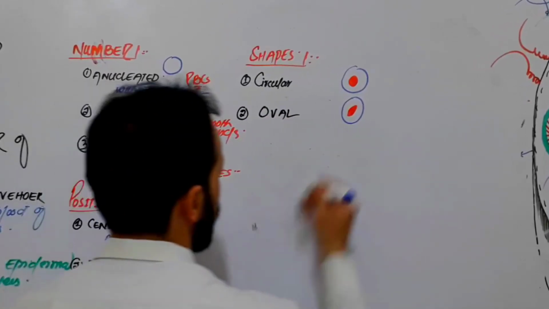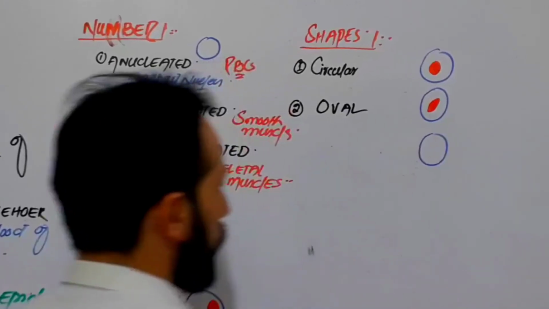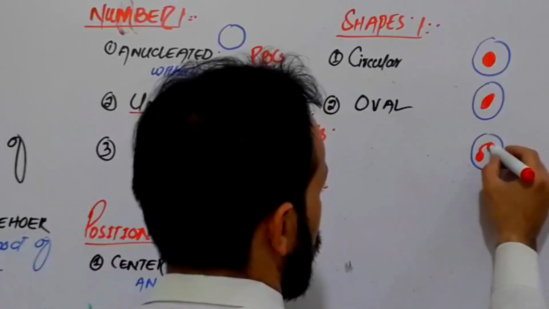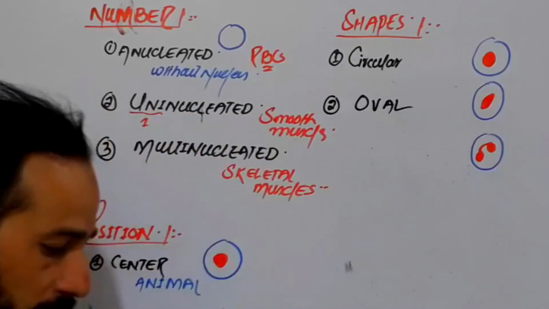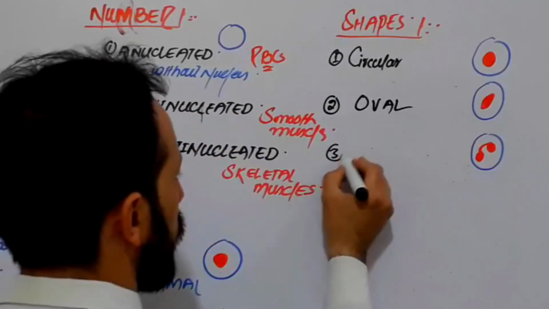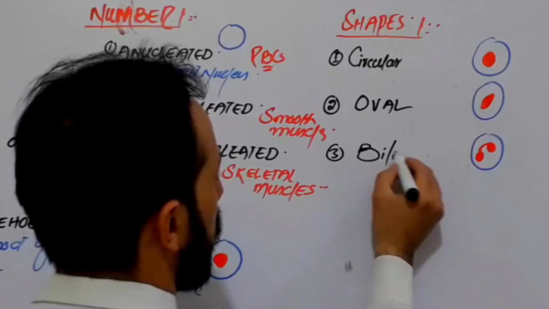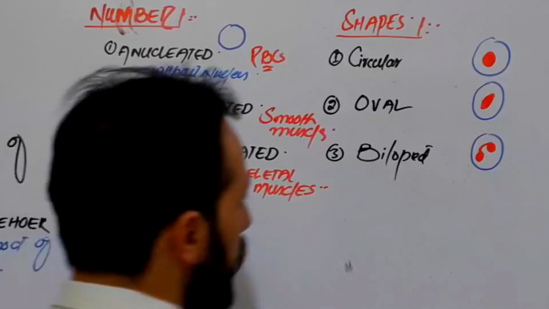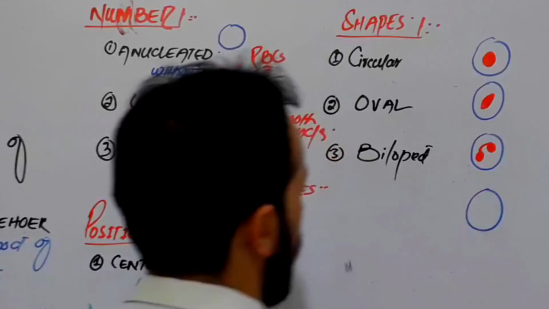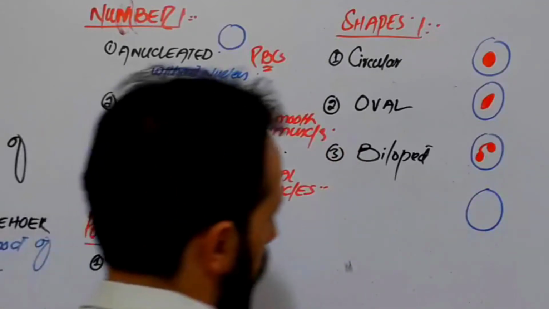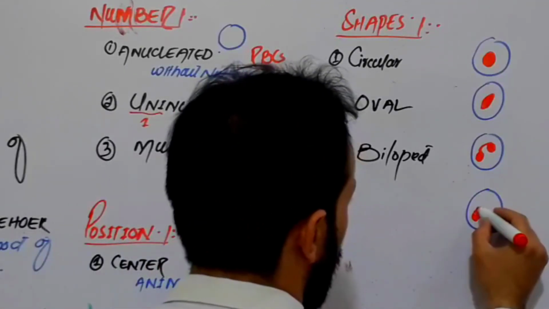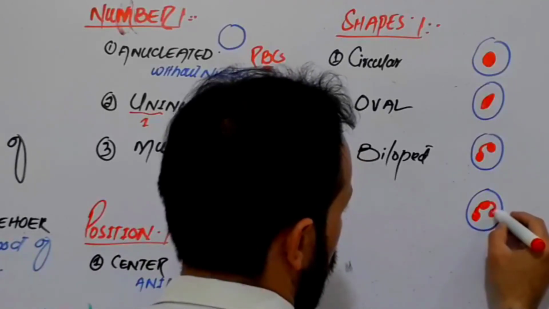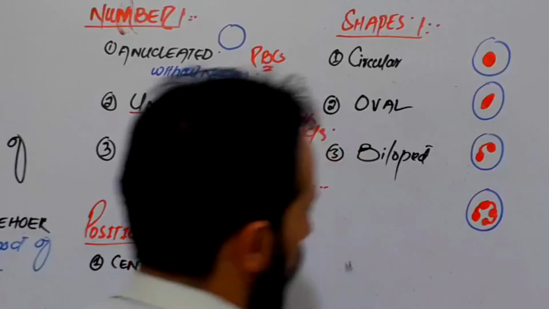Some cells possess nuclei like this, which we call bilooped. And some nuclei may be multi-looped, like this.